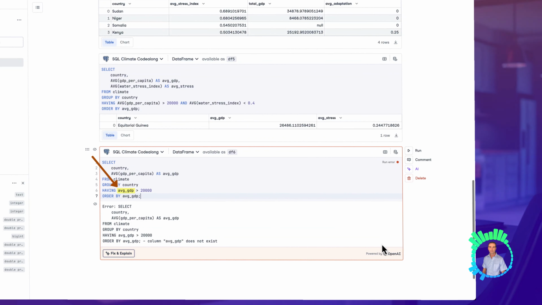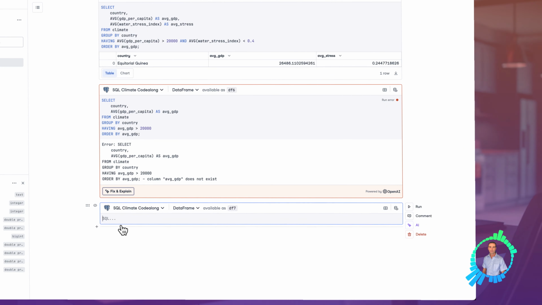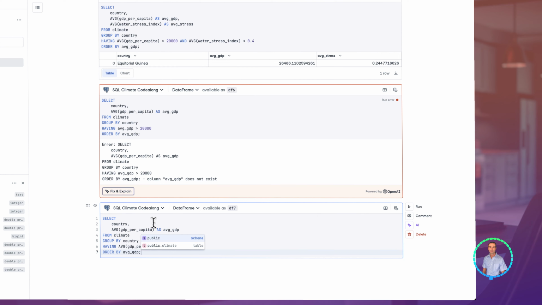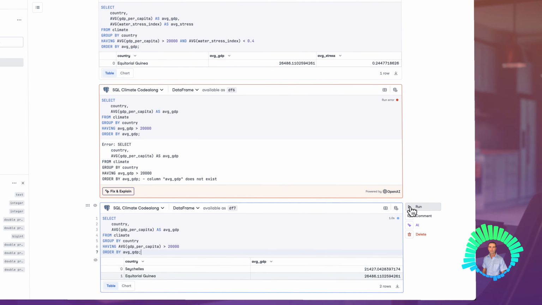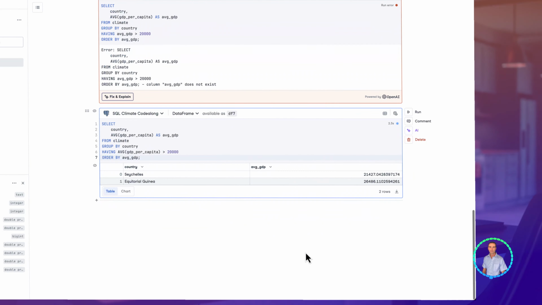The alias is generated with the select clause, which, however, is executed after having, hence the source of the error. In practice, when having is completed, the new column named aggGDP does not yet exist. Therefore, filtering the query cannot proceed. The problem is solved by modifying the query by removing the reference to the alias. This time, the query returned no errors, and we could filter the data correctly.